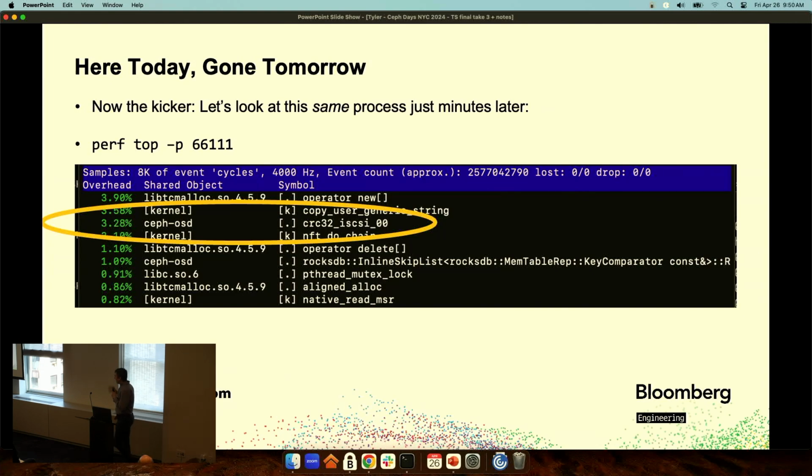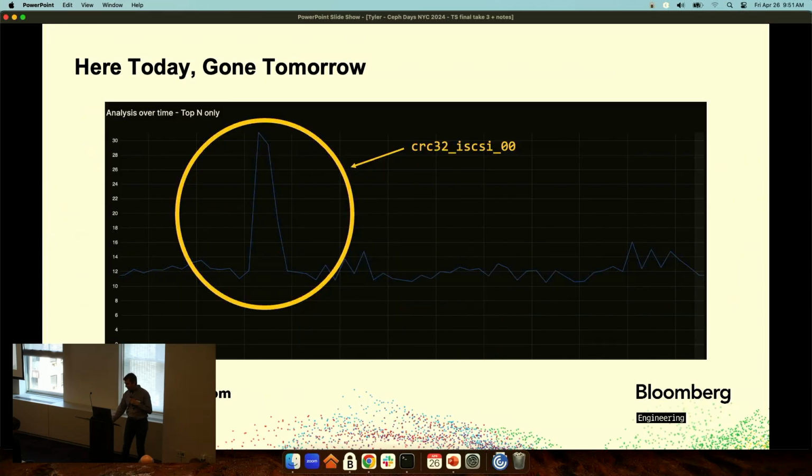And so I was trying to understand what's going on. I ran it again, and it was gone. It was back at 3%. And the issue with the cluster that I was trying to understand, it didn't happen again for a very long time. And so I went back to our telemetry, and I wanted to understand what was the load average, or what was the CPU load on this process.